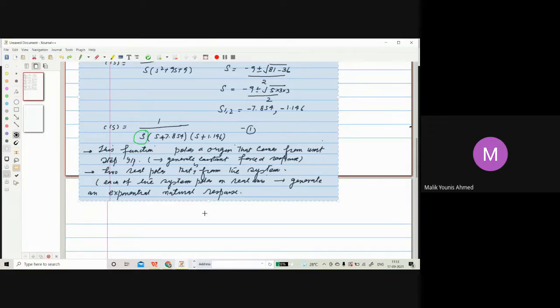It will generate a forced response, whereas the two real poles that come from the system, meaning from the transfer function, will generate an exponential natural response. So this I have talked about yesterday.